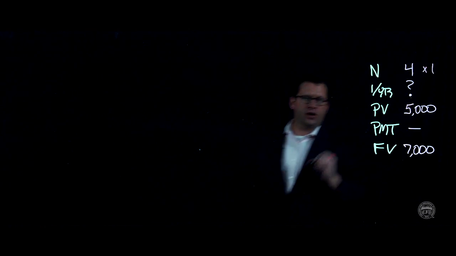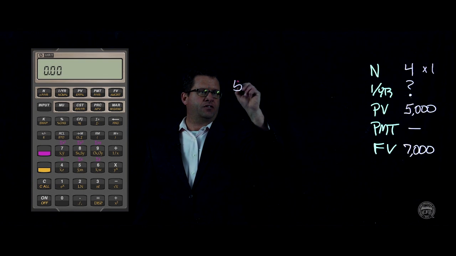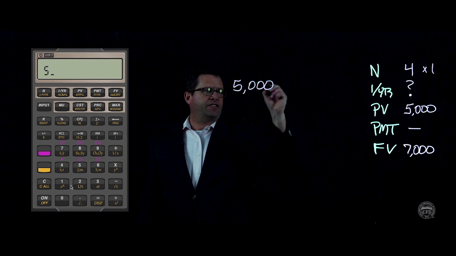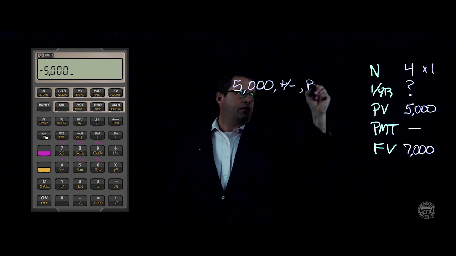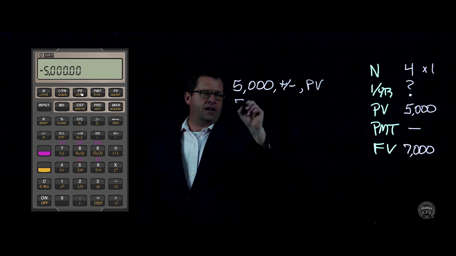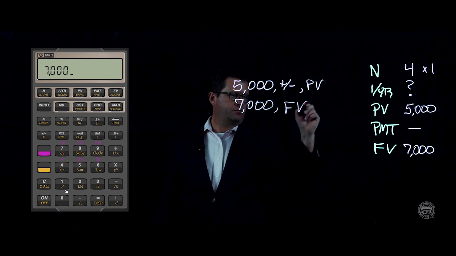Okay, so we're going to have 4 compounding periods. So the keystrokes for this calculation are going to be $5,000, the change sign key because it's an outflow, it's present value. We have $7,000 as our future value.